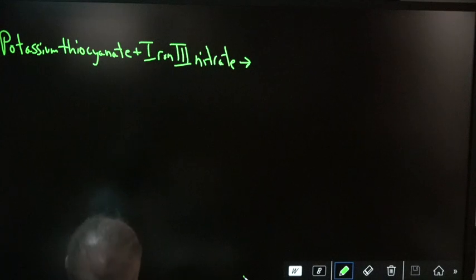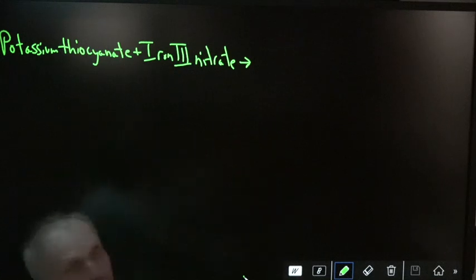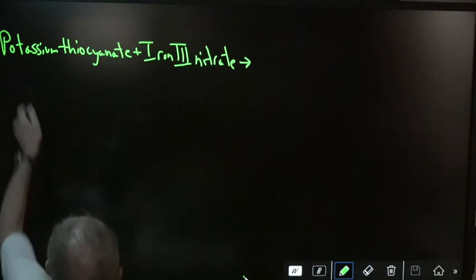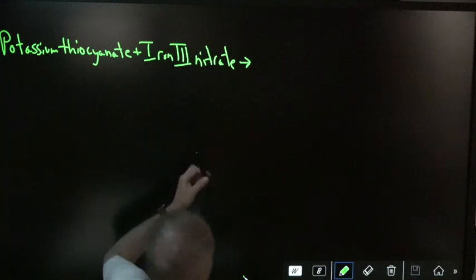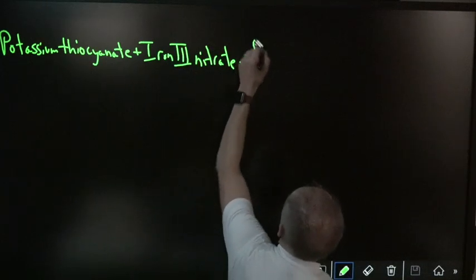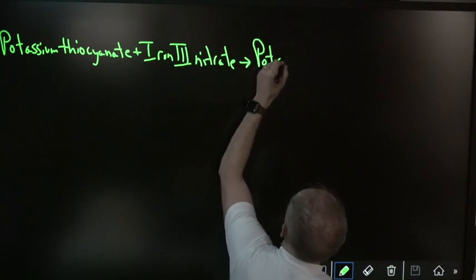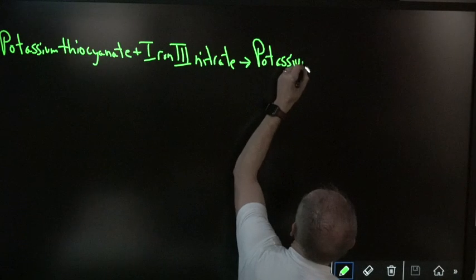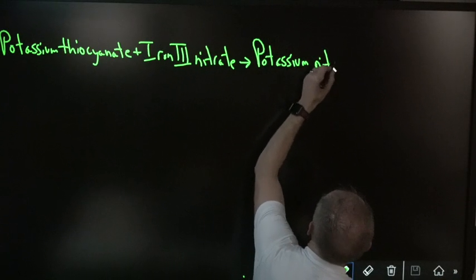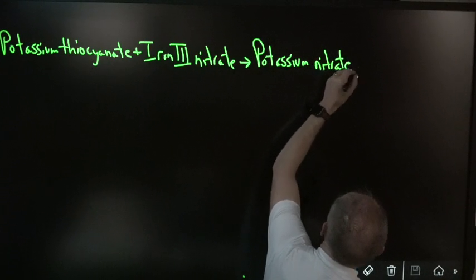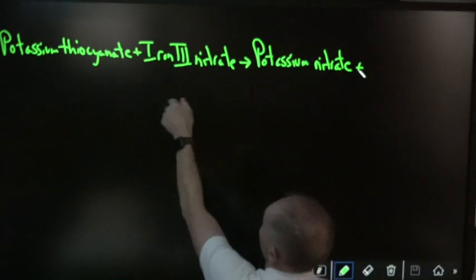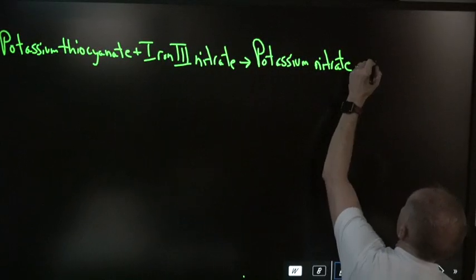Okay, so now I'm going to do this. Hopefully you've already stopped the tape and have done it. The word products are potassium nitrate, and Iron III Thiocyanate.